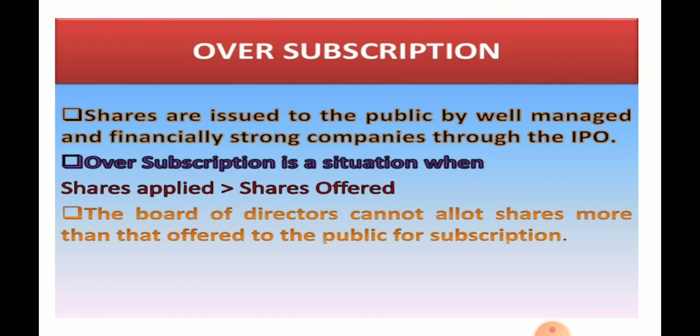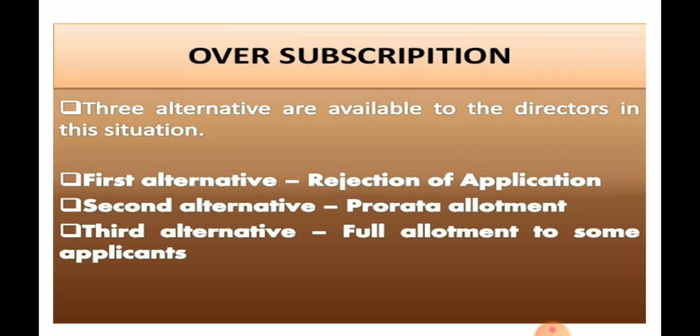The board of directors cannot allot more shares than those offered to the public for subscription. So in this case, 3 alternatives are available to the directors. The first alternative is to reject applications. Second is pro rata allotment. Third is full allotment to some applicants.